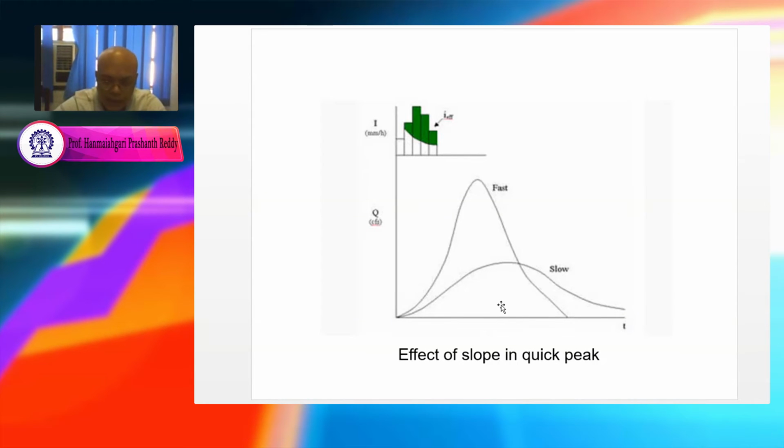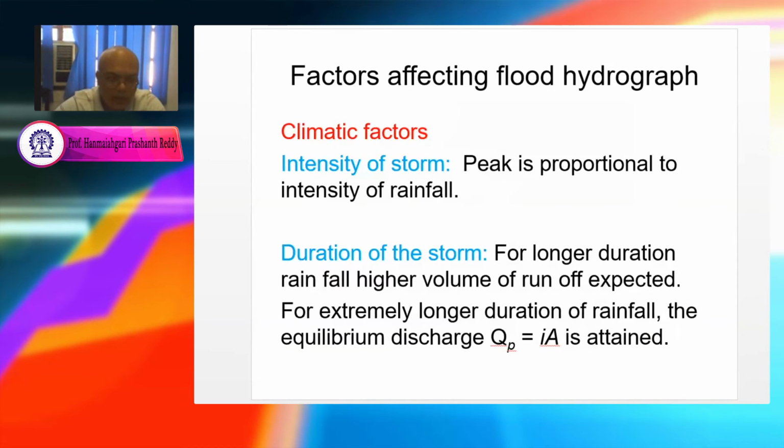And in a flat watershed where the slope is small, the peak occurs delayed, and the peak is also low. So the factors which we have discussed are basin characteristics.